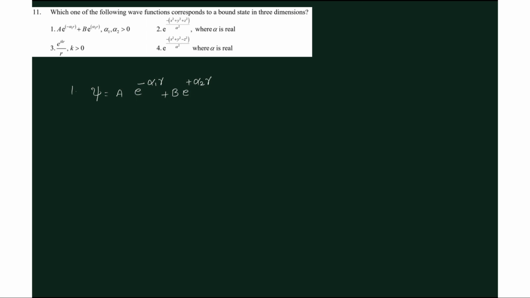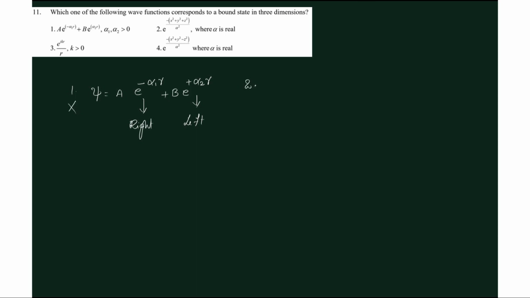Actually this is valid only on the positive side, that means r tends to plus infinity, and the other is valid only on the left side of the origin. Both cannot exist in one wave function. That's why this is not a valid one.